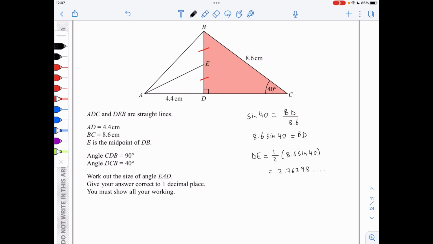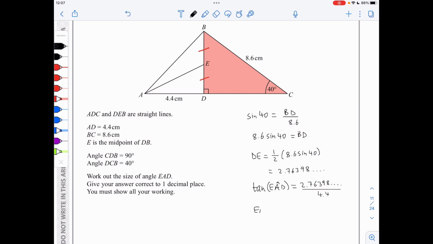2.76398. And therefore now in the triangle EAD, we know ED, we know AD, we are looking for the angle EAD. So this is simply calling for tan. So tan of EAD is 2.76398 over 4.4.